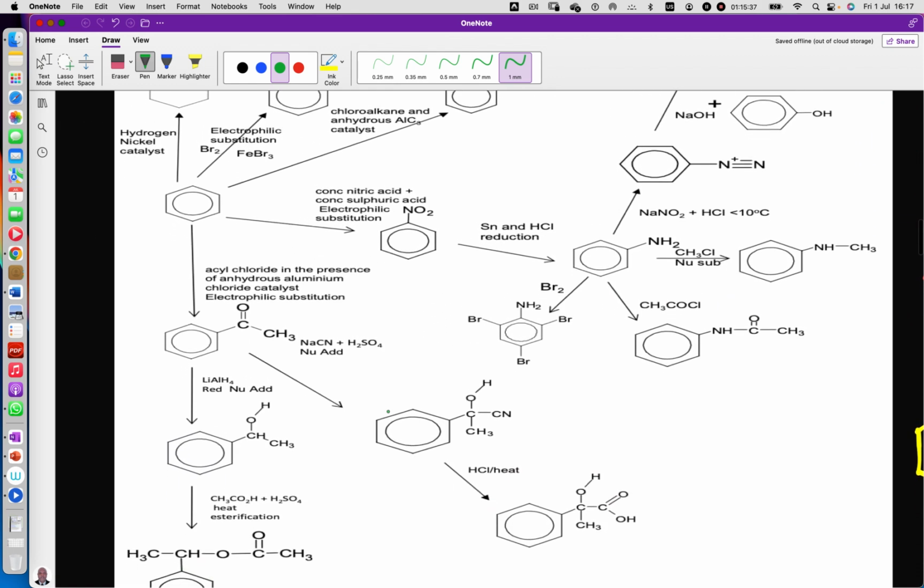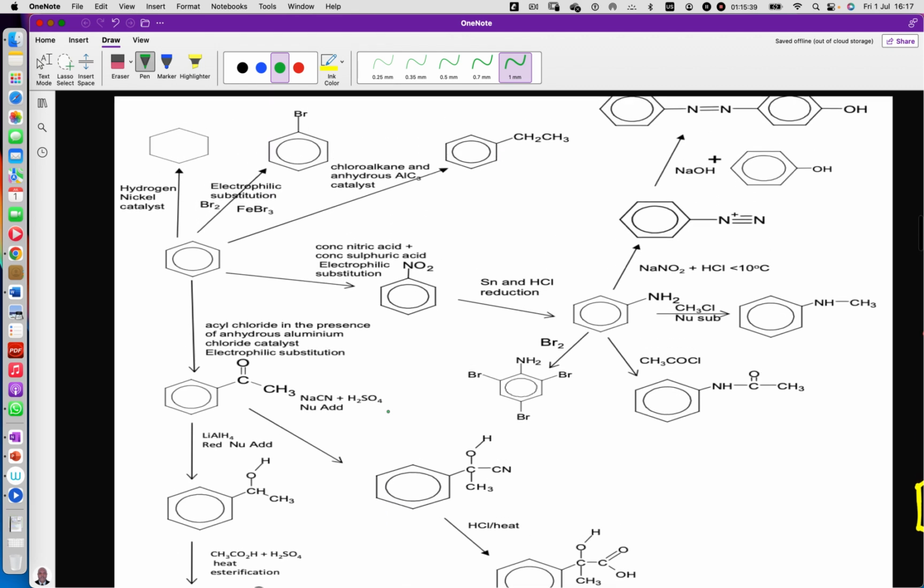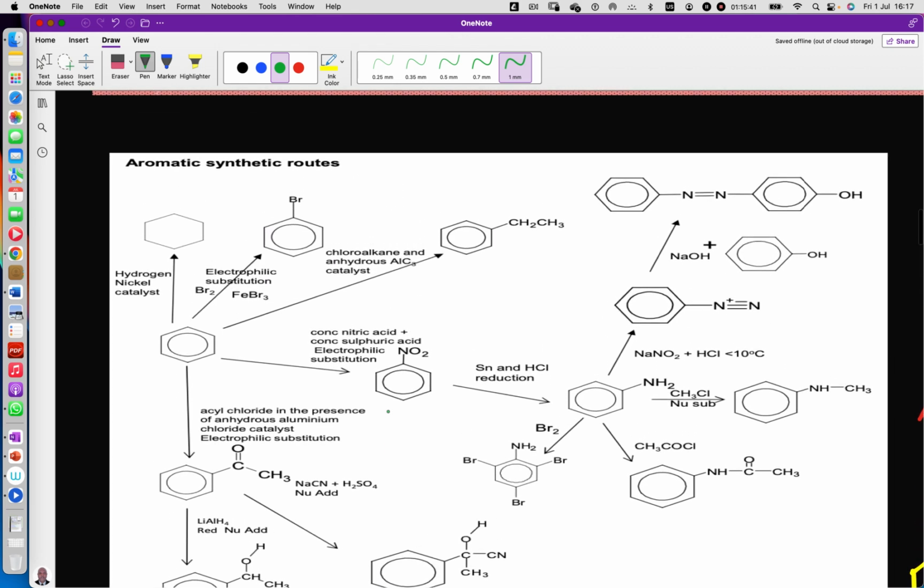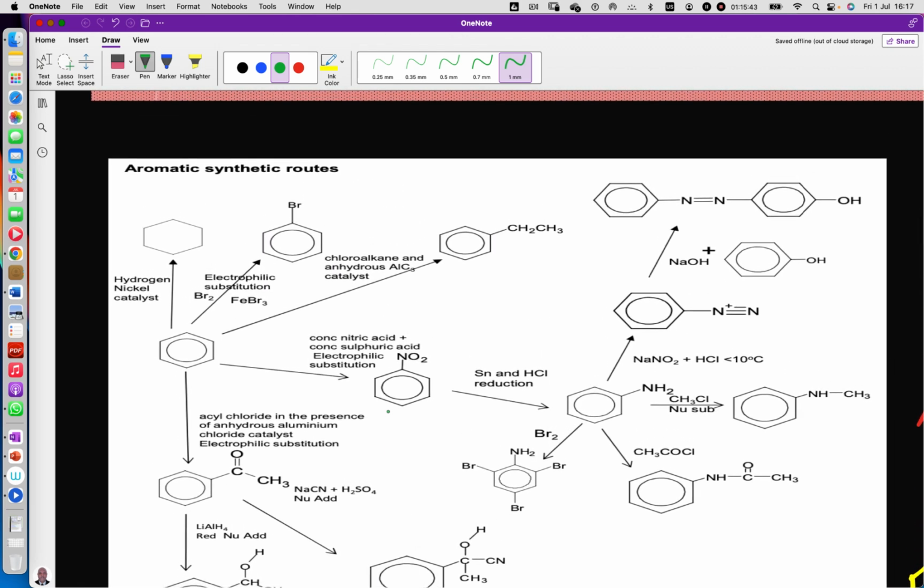And then we also talked of alkylation of benzene using chloroalkane. Our example for this case was chloroethane, where I showed you how the most important thing is how you can obtain the electrophile. The electrophile can now go attacking the ring, forming ethylbenzene.